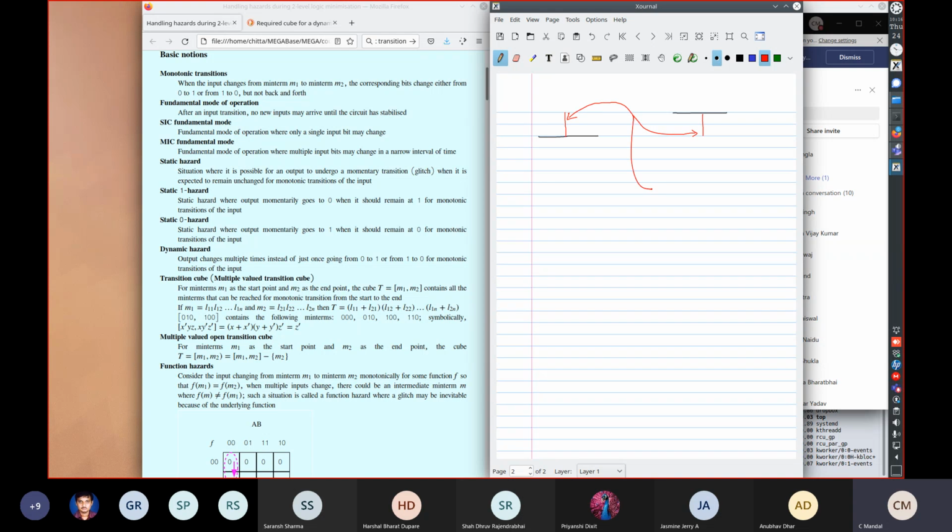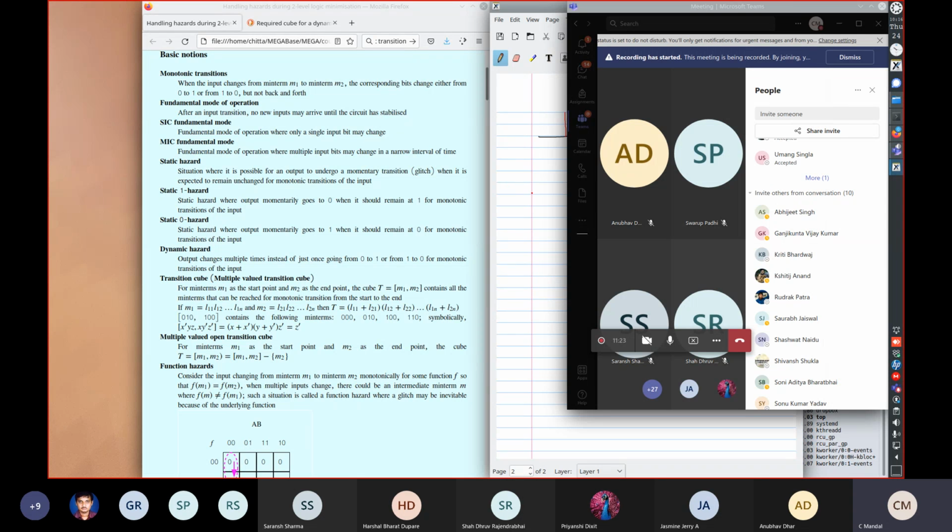These are undesirable transient changes. These are also called spikes or glitches. These are things that you don't want.